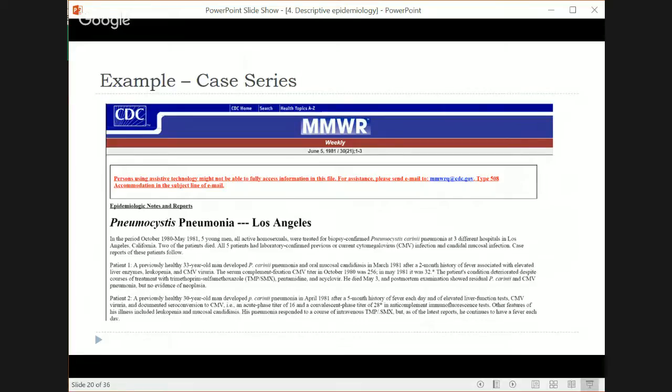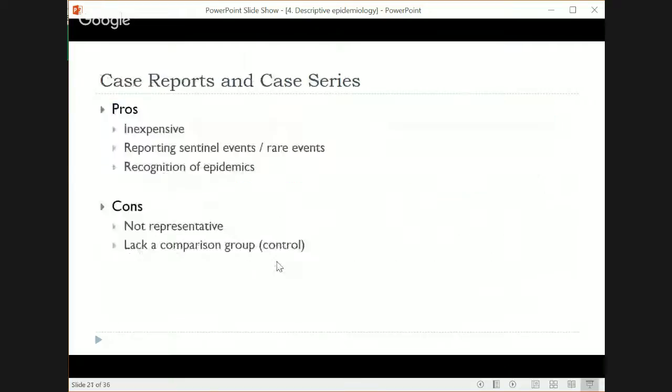You wouldn't expect to see pneumocystis carinii pneumonia. You wouldn't expect to see cytomegalovirus and candidal mucosal infection. And the reason you wouldn't expect to see that is because these are typically diseases of people who are immunosuppressed. And these men were immunosuppressed, but in the early 80s, they didn't understand why.